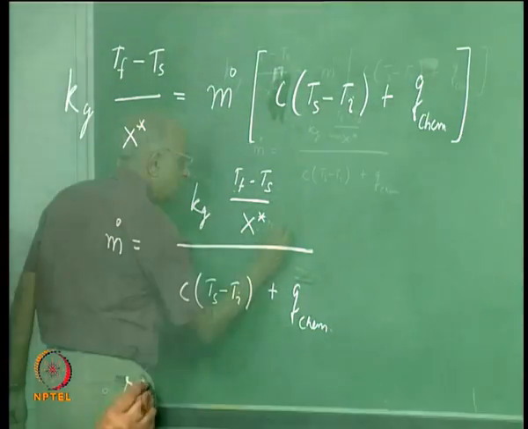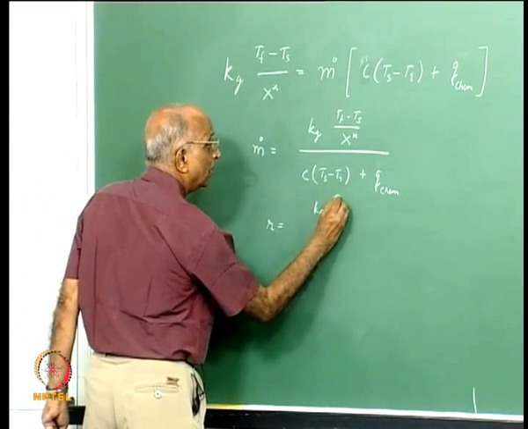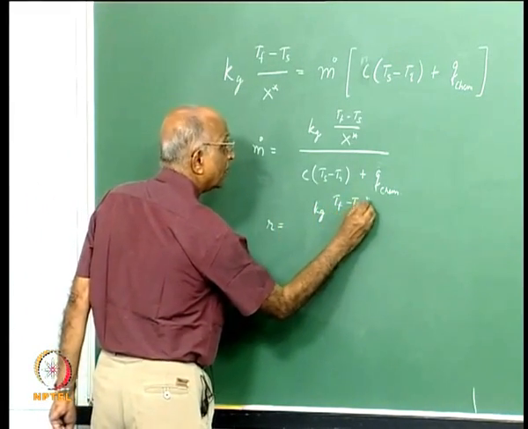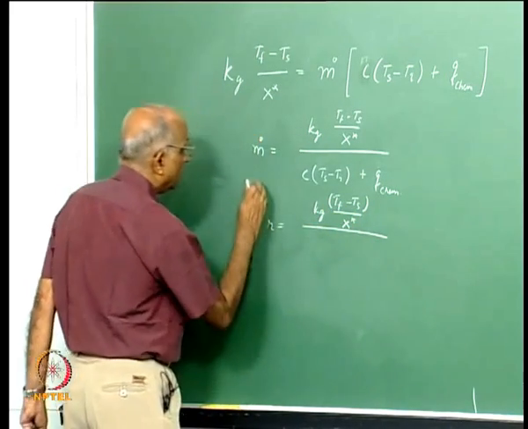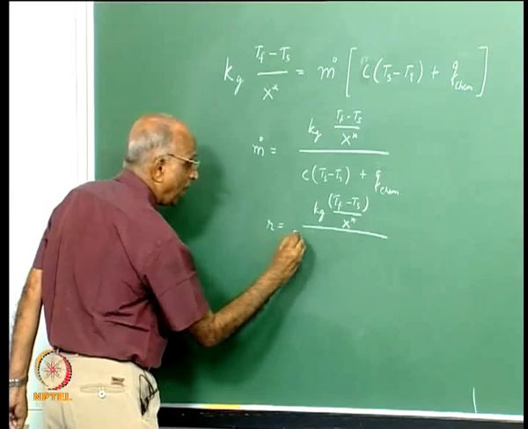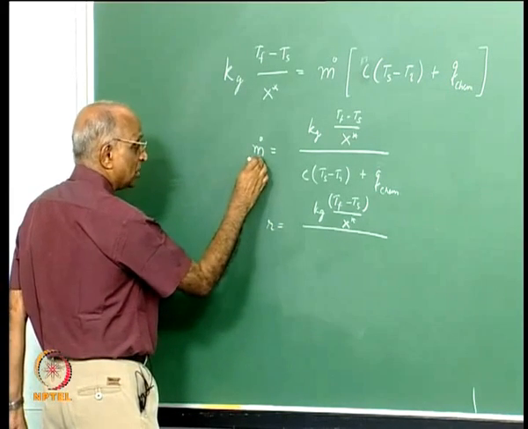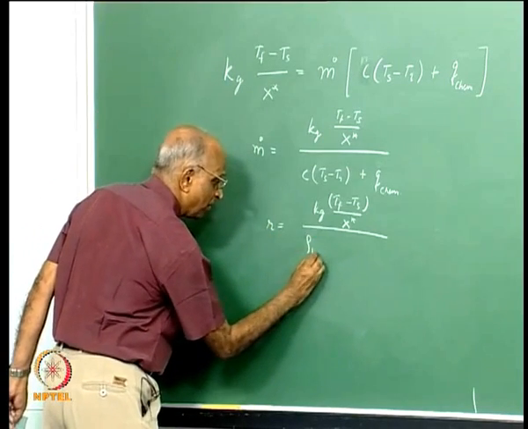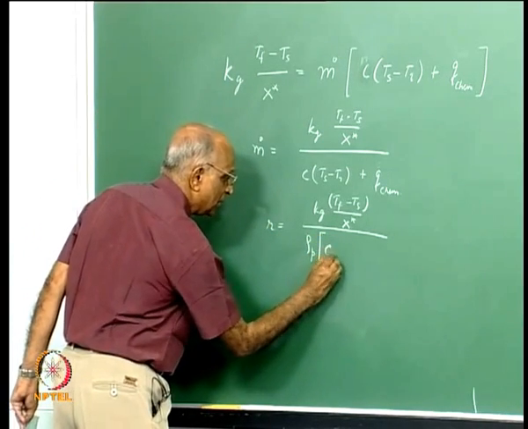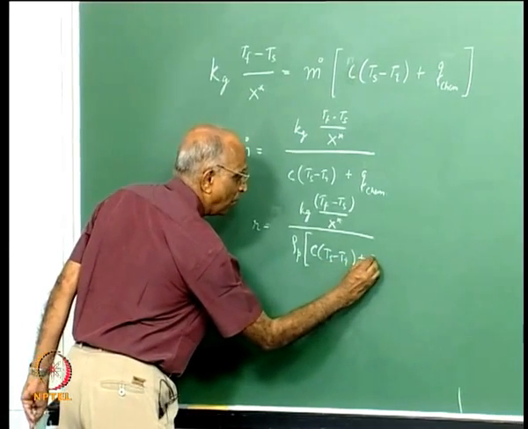The burn rate can now be written as Kg into Tf minus Ts divided by x star, divided by m dot, which is equal to rho p into r, because you have so many meters per second, so many kilograms per meter cube. Therefore I have the density of the propellant coming over here, into C into Ts minus Ti, plus the value of Q chemical.